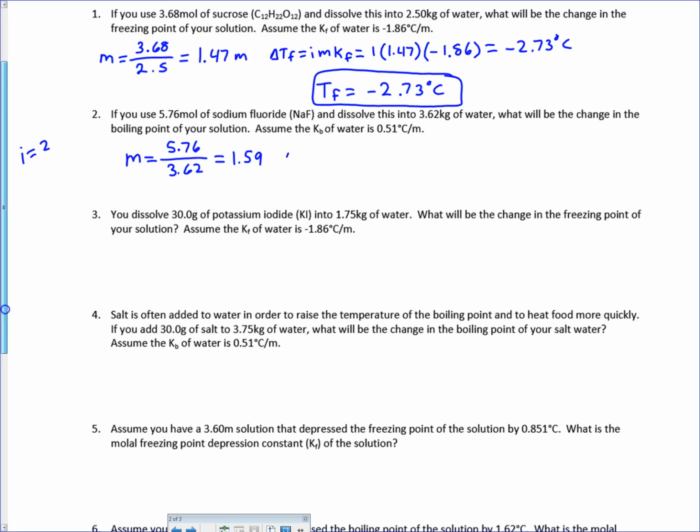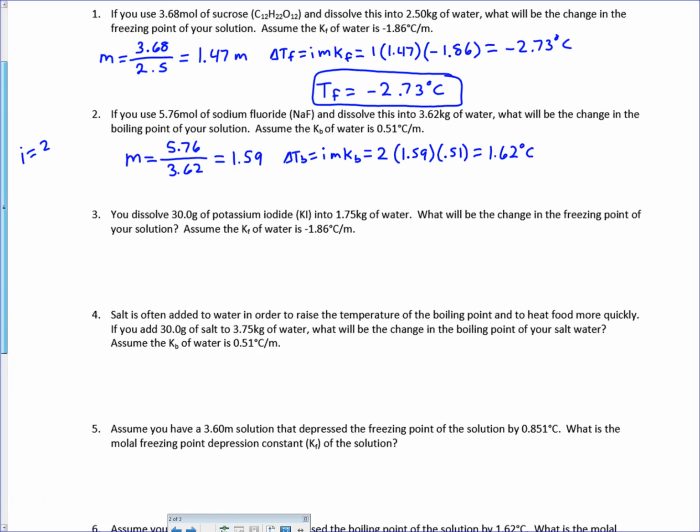Then we have our change in boiling temperature equals I times M times our constant for boiling, which equals 2 times 1.59 times 0.51. Okay, multiply all those out, you get 1.62 degrees Celsius.